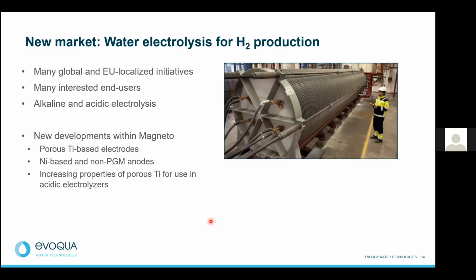So at Magneto, we have also started to investigate nickel-based and PGM-free anodes for water splitting. We are also currently collaborating with TNO, also in the framework of acidic electrolysis, on improving the properties of porous titanium for use in these kinds of electrolyzers.